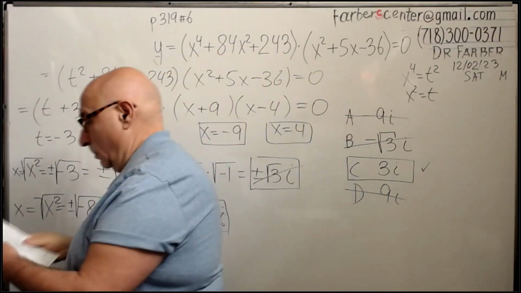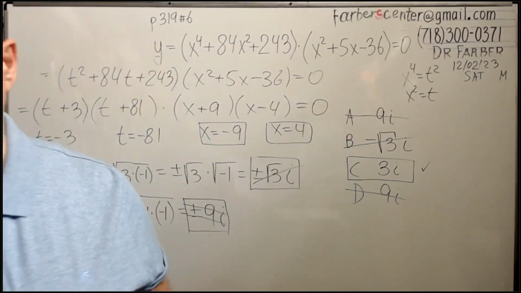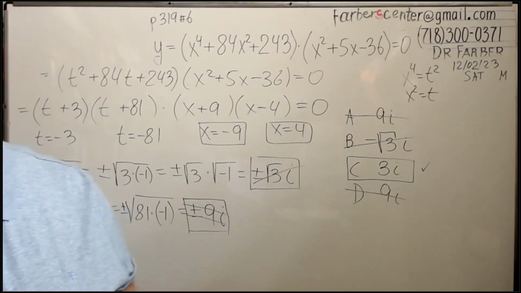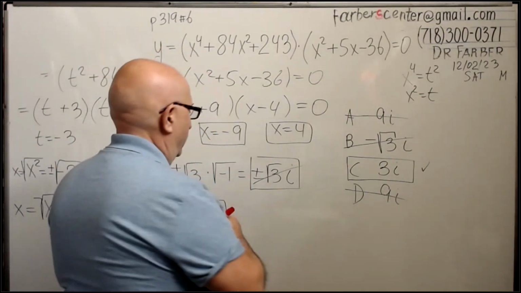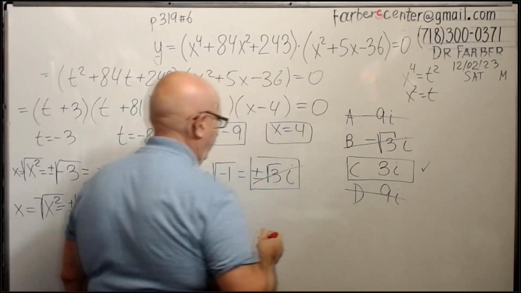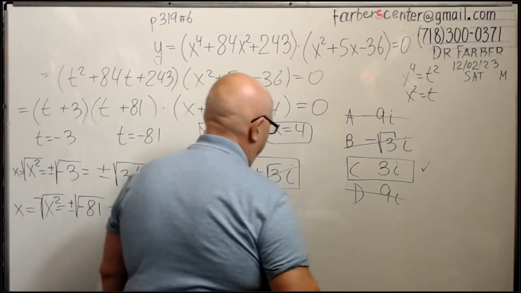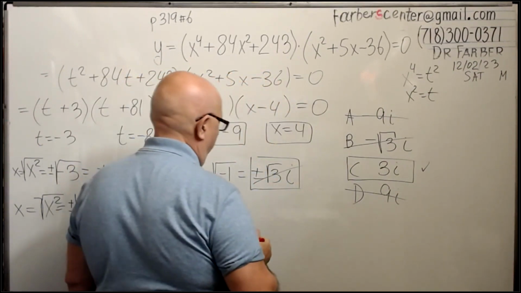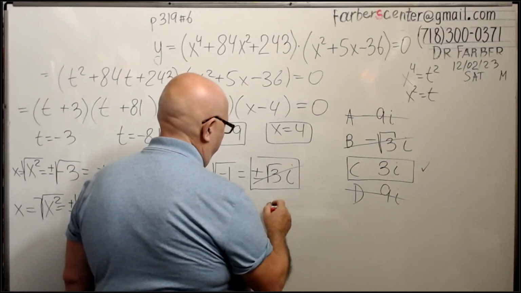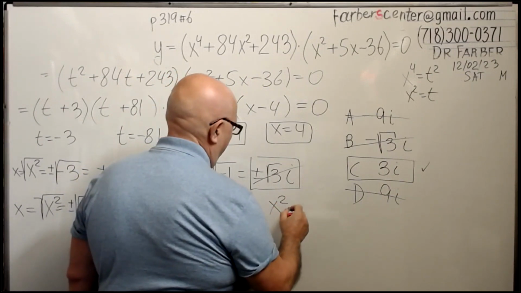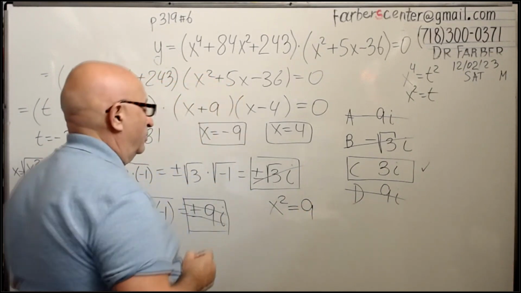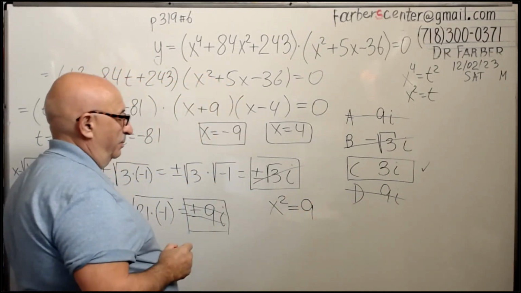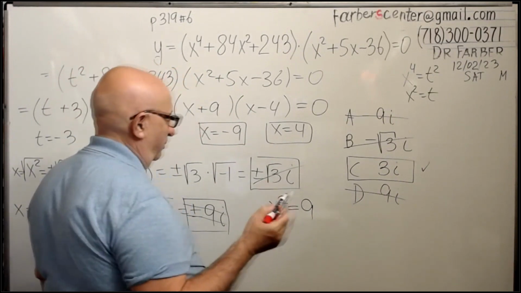Dr. Farben, can you explain why it's plus or minus? Plus or minus? Yes. For instance, let me give you a simple example, forgetting about the imaginary part. You have the equation x squared equals 9. How to solve this equation? I show two different ways.